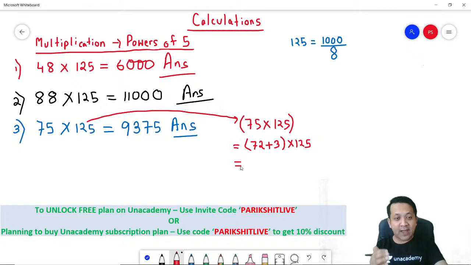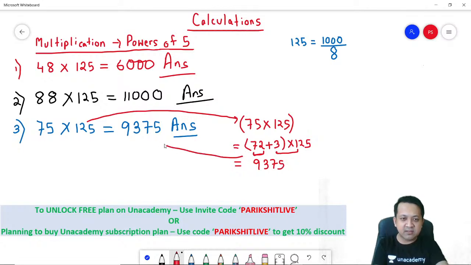What is 125? It's 1000 by 8. So divide. 72 divided by 8 is how much? 9. And 3 into 125 is how much? 375. 9375 and that's your answer. Do you follow? So this is a very, very effective way of calculations when the powers are of 5.